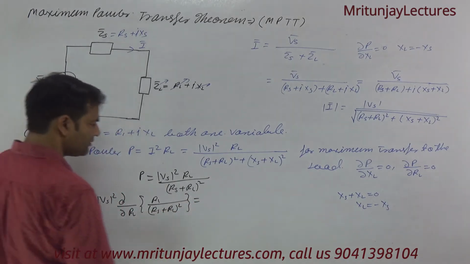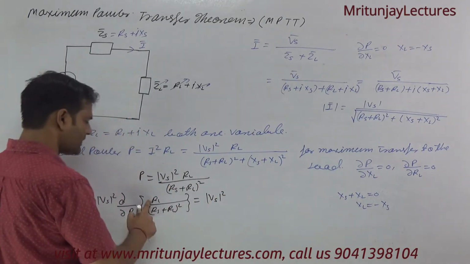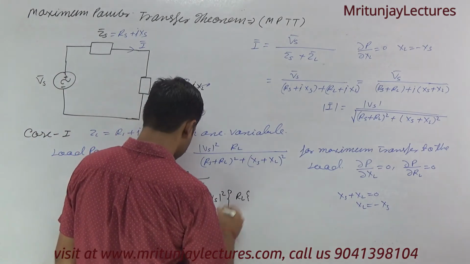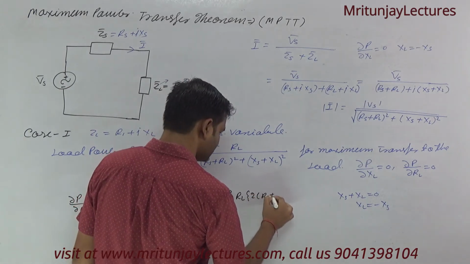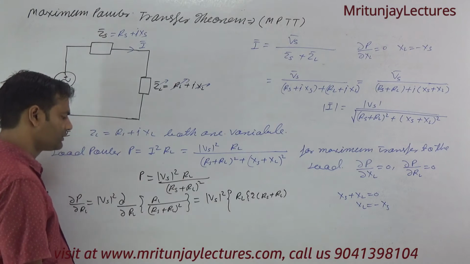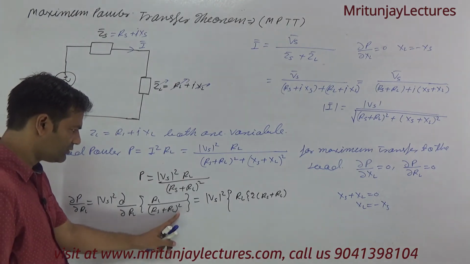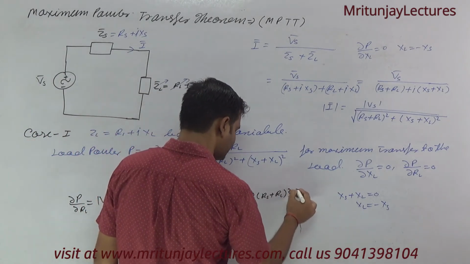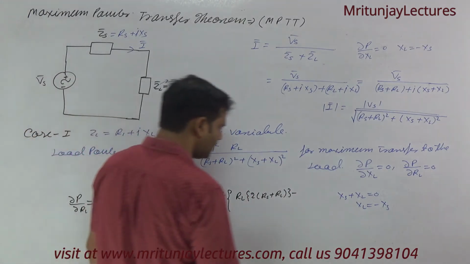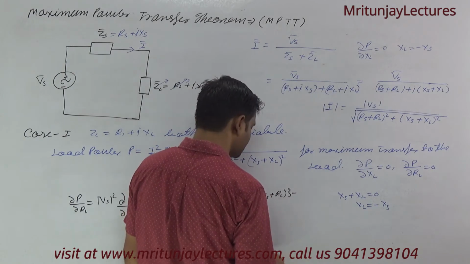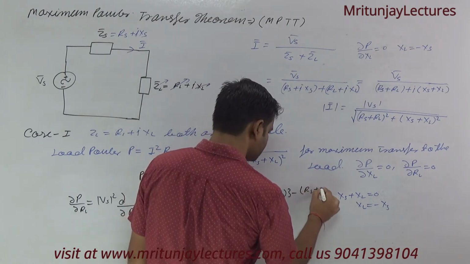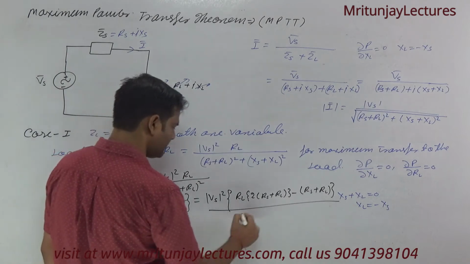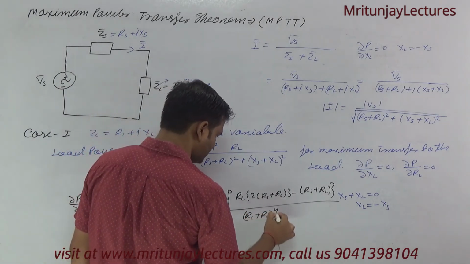Now mod Vs square into Rs plus RL to the whole square minus RL into 2 into Rs plus RL. If we differentiate, then we get 2 into Rs plus RL minus RL, differentiation of RL with respect to RL is 1, divided by Rs plus RL to the whole power 4.